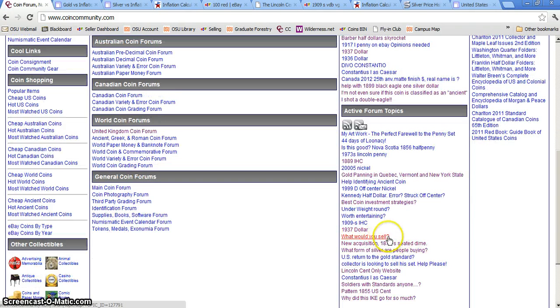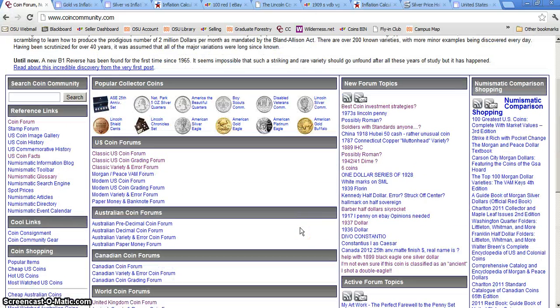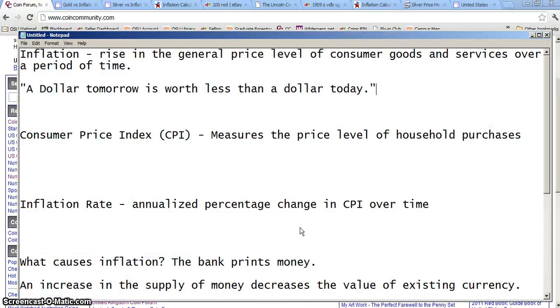And what would you sell? These questions come up every day. So hopefully we'll dive into some of these basic terms, and it will give you a framework in which you can work and play. So let's start with inflation.